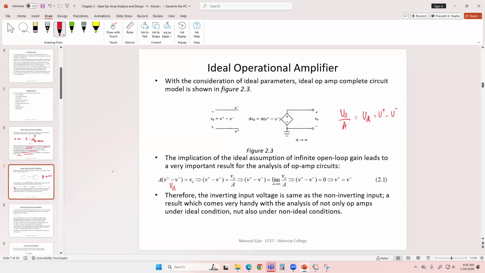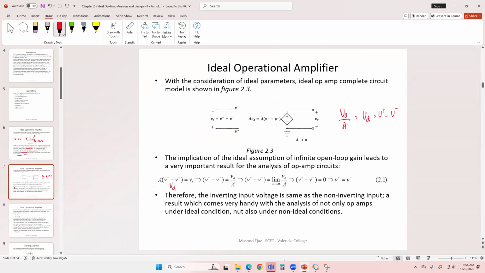And since A tends to infinity, A value is very large, we apply a limit A tends to infinity, V out over A, which is equal to V positive minus V negative. So V out over A is going to be approximately equal to 0 when you apply the limit, and A becomes extremely large.